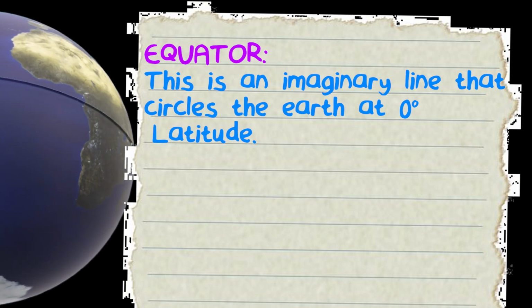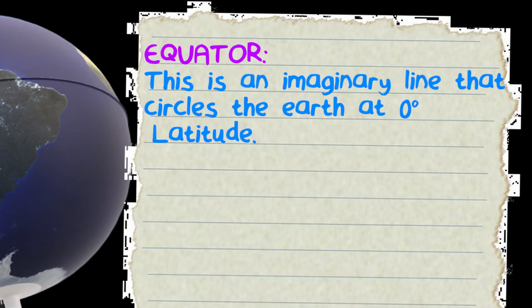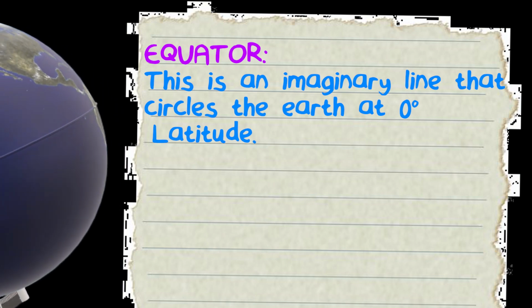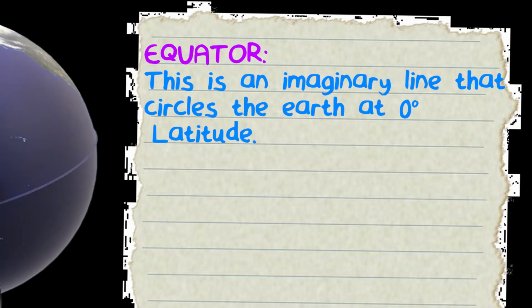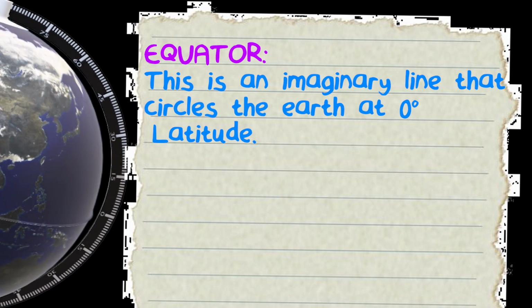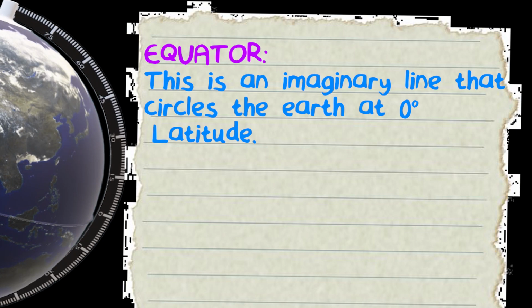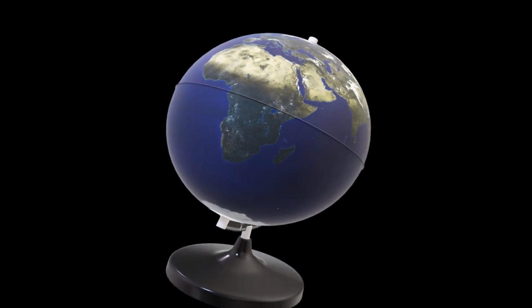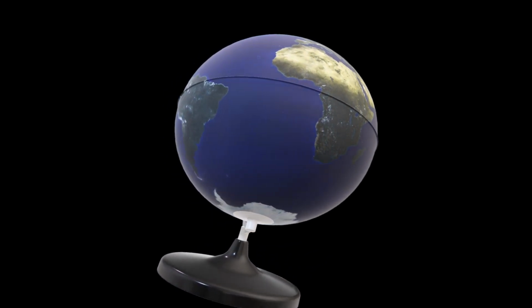It is 0 degrees. That means it's neither on the north side of the globe nor the south side of the globe. And this is the imaginary line from which all the other latitudes are measured, in degrees to the north or to the south of it.